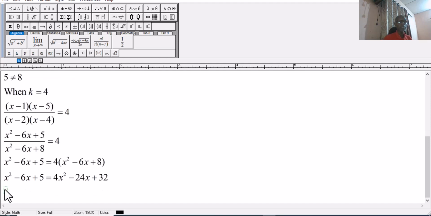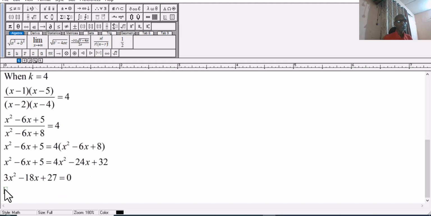So let's collect all the like terms together and simplify this. This will give us 3x squared minus 18x plus 27 equal to 0. 3 is common to everything, so I can say x squared minus 6x plus 9 is equal to 0.